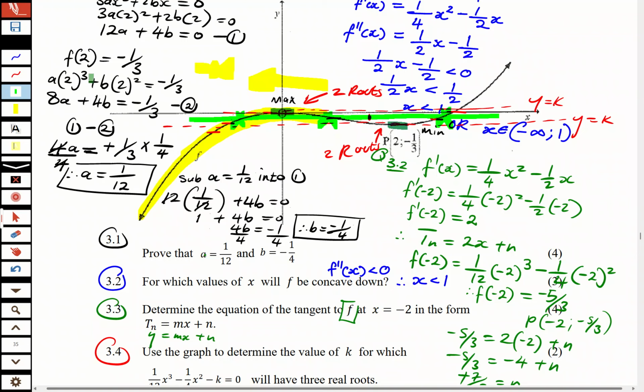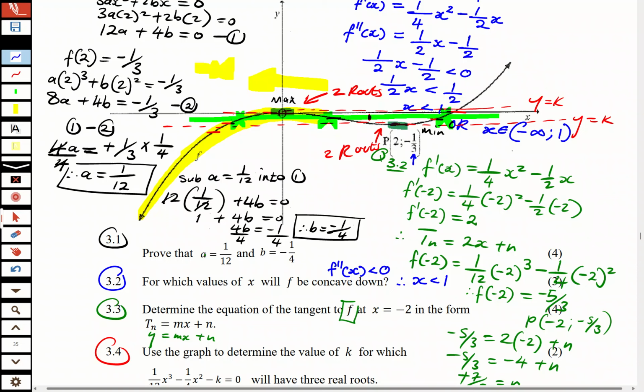There are 3. So what is the maximum there? The maximum is just the origin, but we need the y value since y is equal to k. So k is just the constant, the y value. So we're moving the line top and bottom like that. k is just a horizontal line.